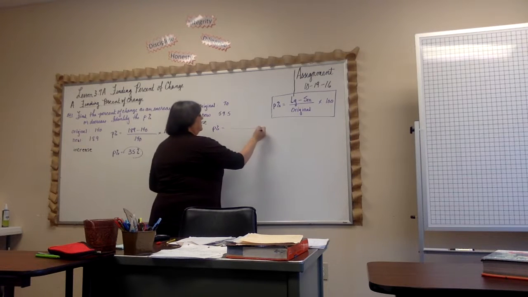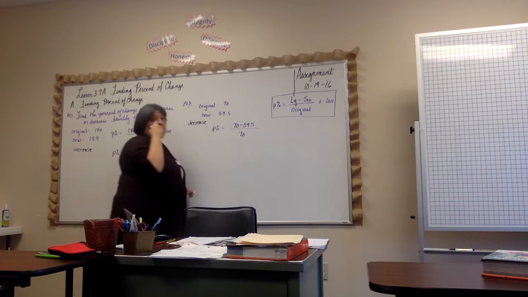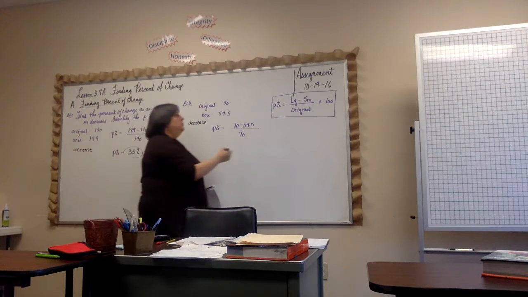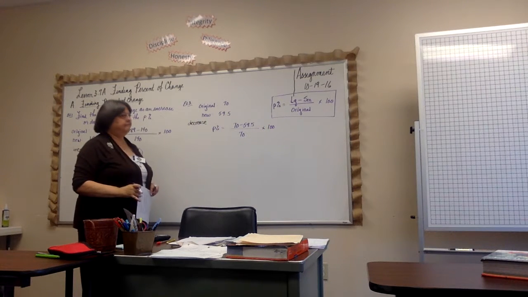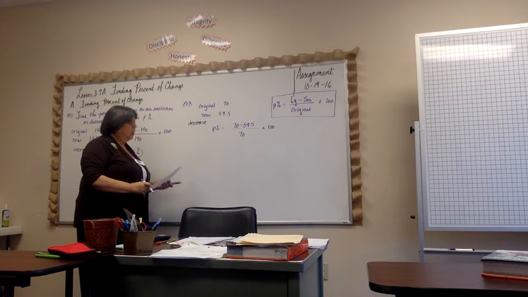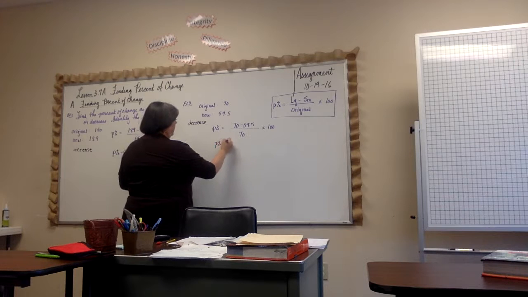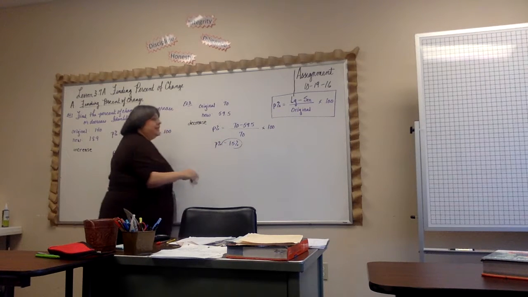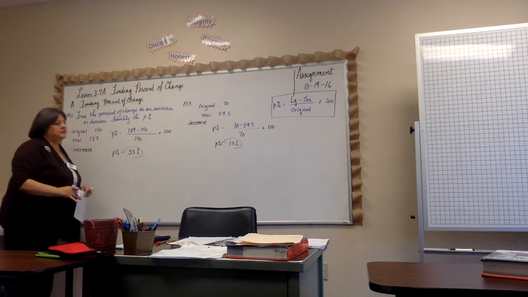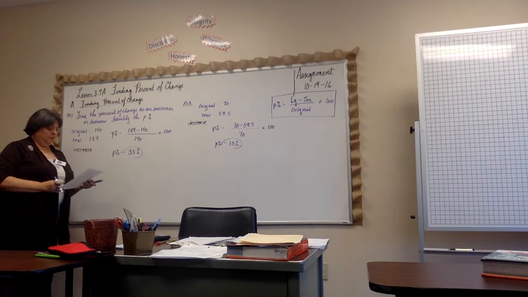You subtract the big one minus the little over the original, and then you multiply times 100. Again, just do it all on the calculator, and this one comes out 15%. So that is a 15% decrease from 70 to 59.5.